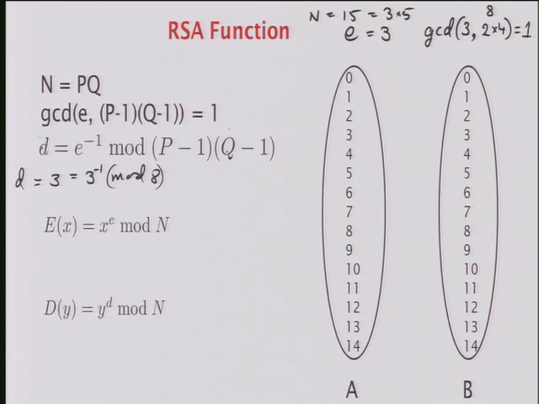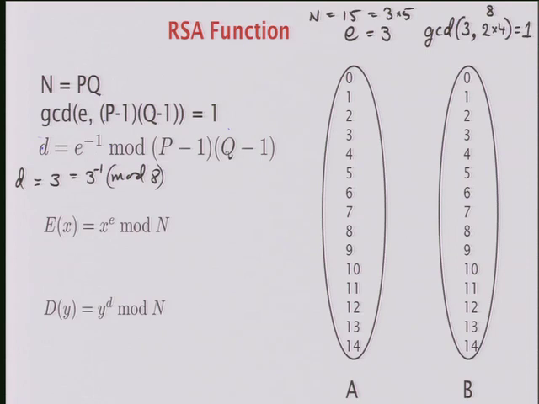Let's suppose that you have P and Q at 4 and 5, and then P minus 1 and Q minus 1 will be 3 and 4. Good question. First of all, P couldn't be 4, but let's say it was something else. Suppose P minus 1 was divisible by 3. Suppose P was 7.